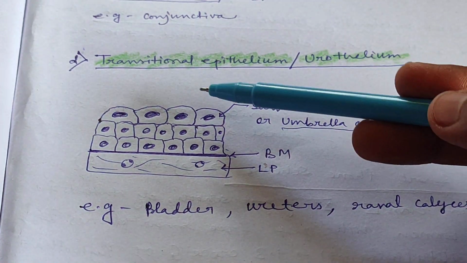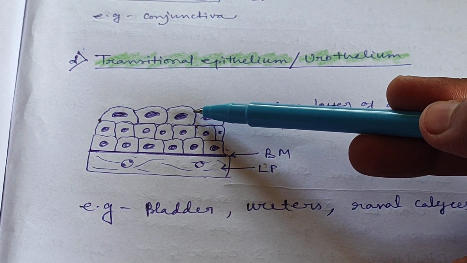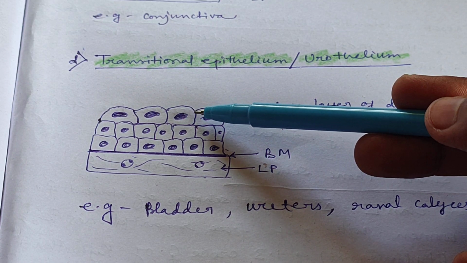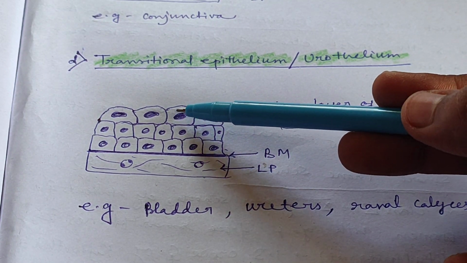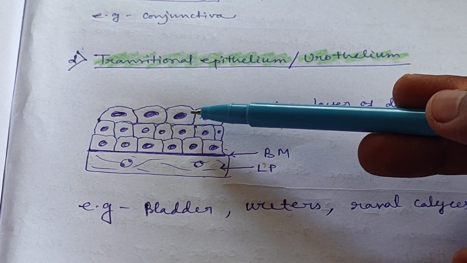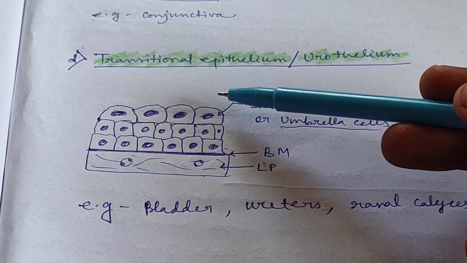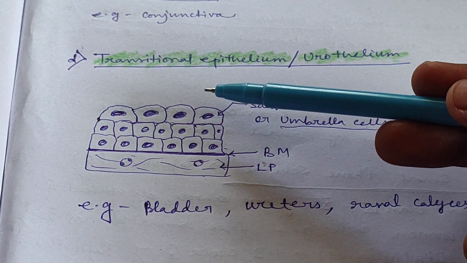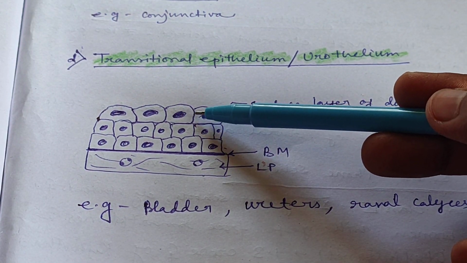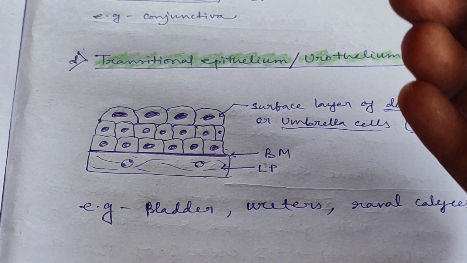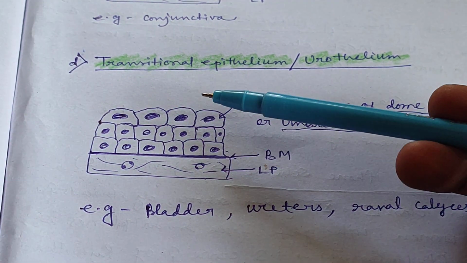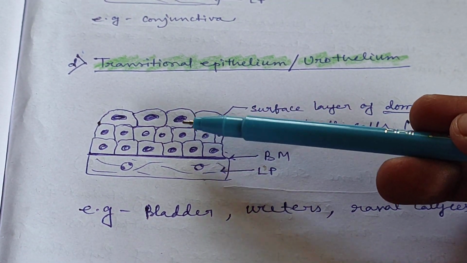Why? Because this type of cell shows transition from a flattened one to a dome shaped one based on the presence of urine in your bladder or its absence. When the bladder is filled with urine, then it gets distended, okay, or it gets flattened, and when the bladder is empty, then it gets swelled up again.